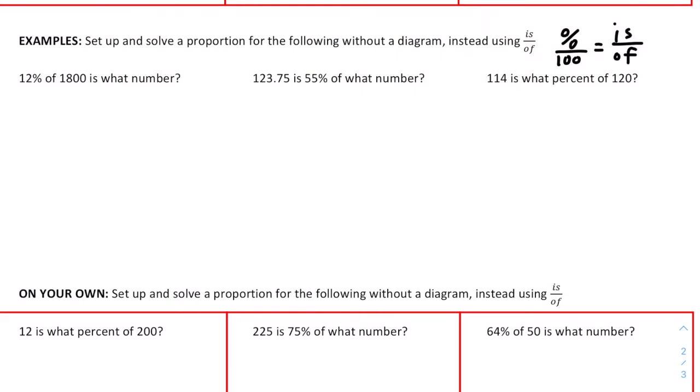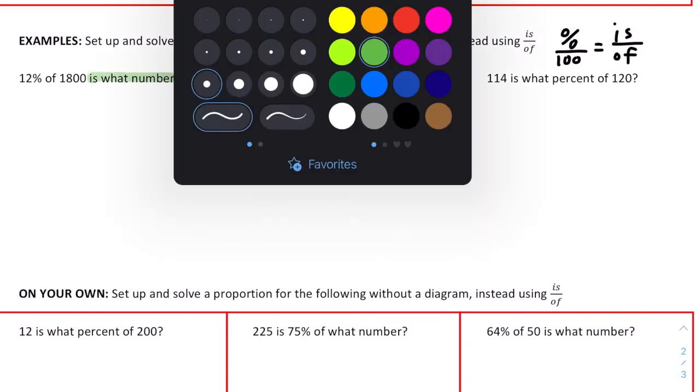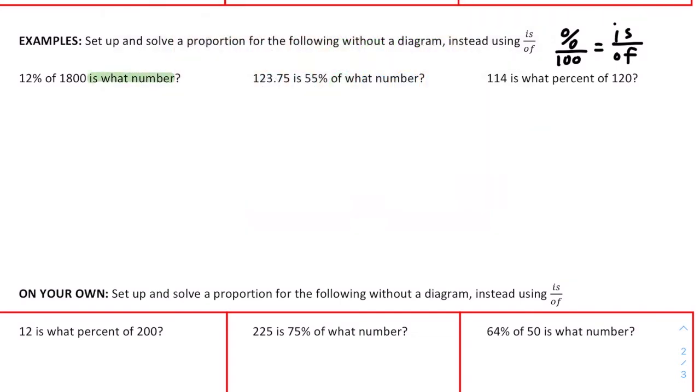Okay, so one thing we could do is go through and just highlight the first thing. So we want to know what is. So is what number in the first one? And then the of is of 1800. Okay, so we can set up our proportion. Percent over 100, 12 over 100 equals is, well, that's x, and of is 1800.